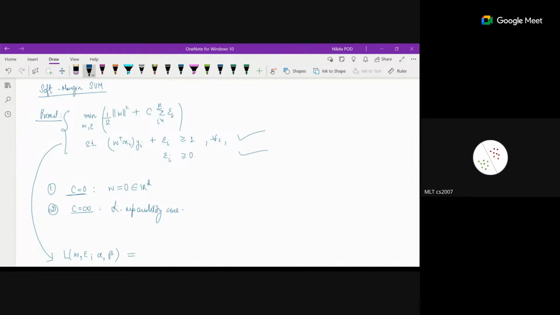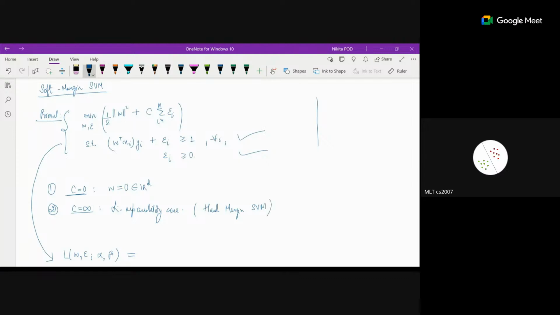You can only ignore this term when the epsilon_i are zero, which means no data point paid a bribe to go to the correct side. So in that case, this is nothing but your linear separability case. It means you already have a W star which is linearly separating the data set, which is the hard margin SVM that we had seen.